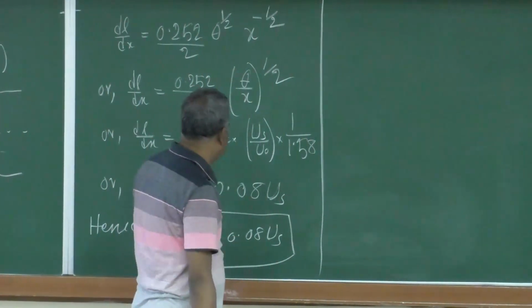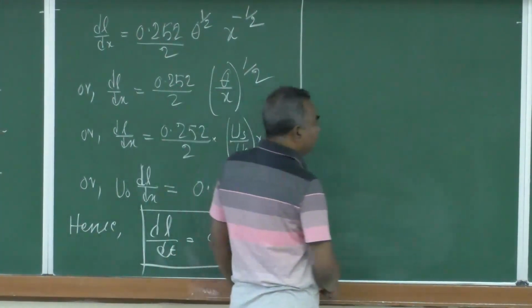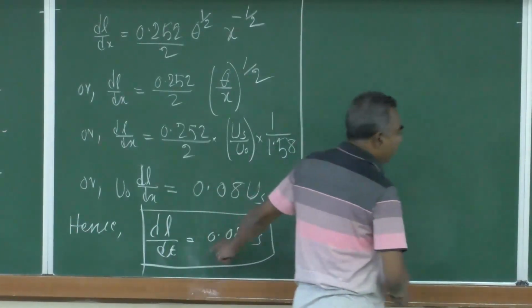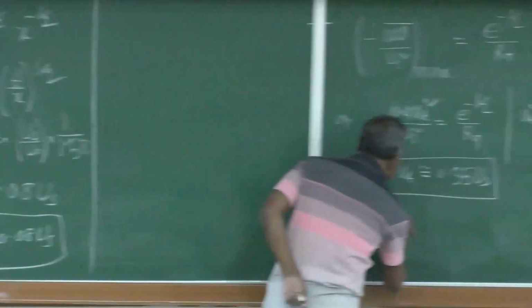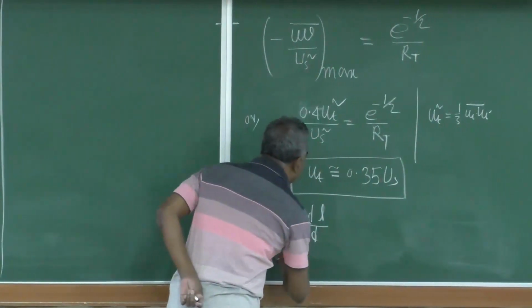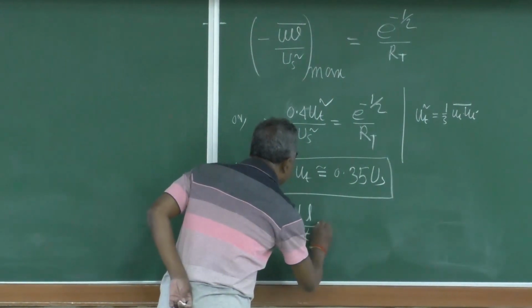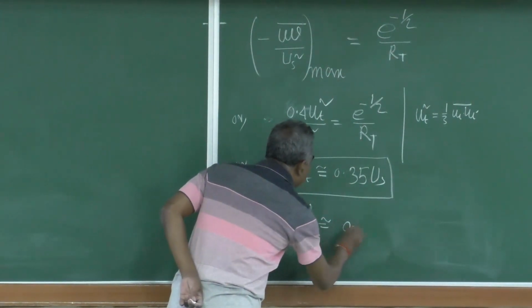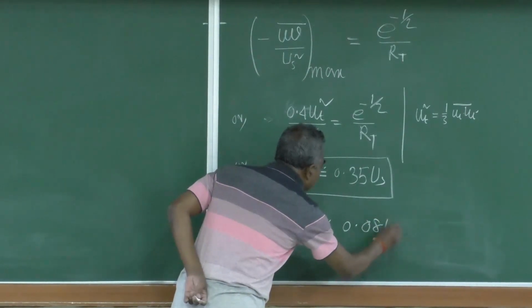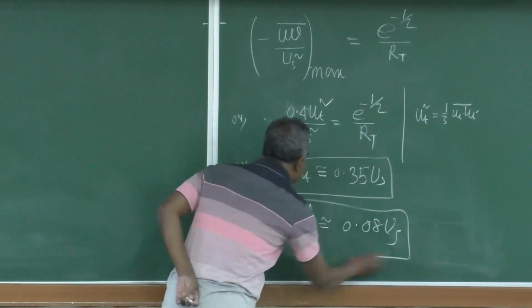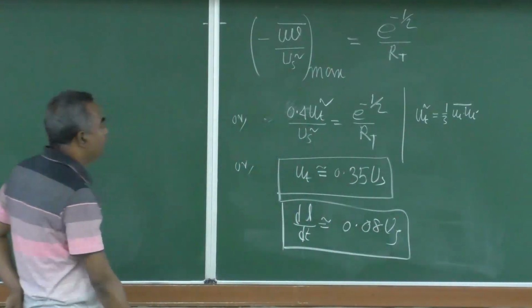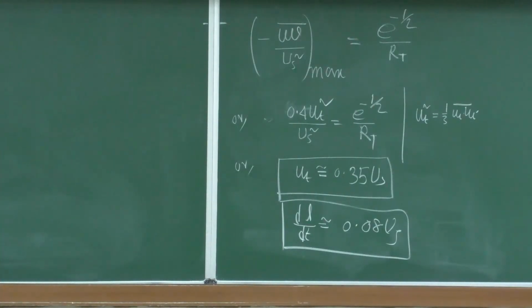These are the relations for the velocities. So, let me write this velocity here itself. These two, dl dt equals 0.08 US. So, these are the two relations we have got.